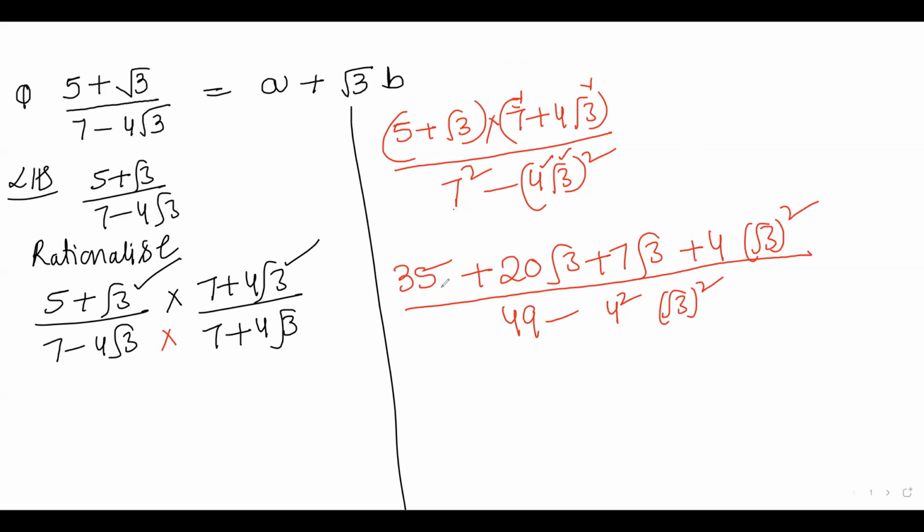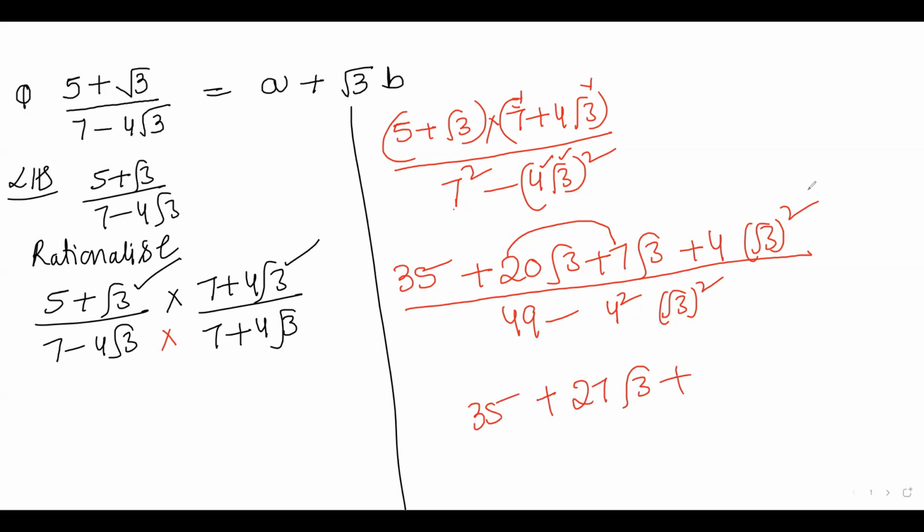Now these two are similar surds. Irrational number is called surd. Similar surds can be added or subtracted, simplified. Now 20 plus 7, 27 root 3, 35 as it is.